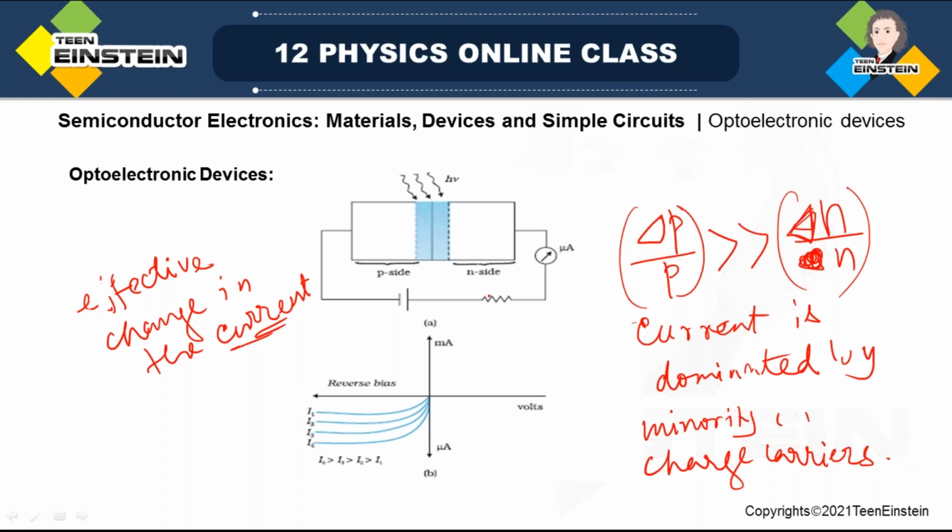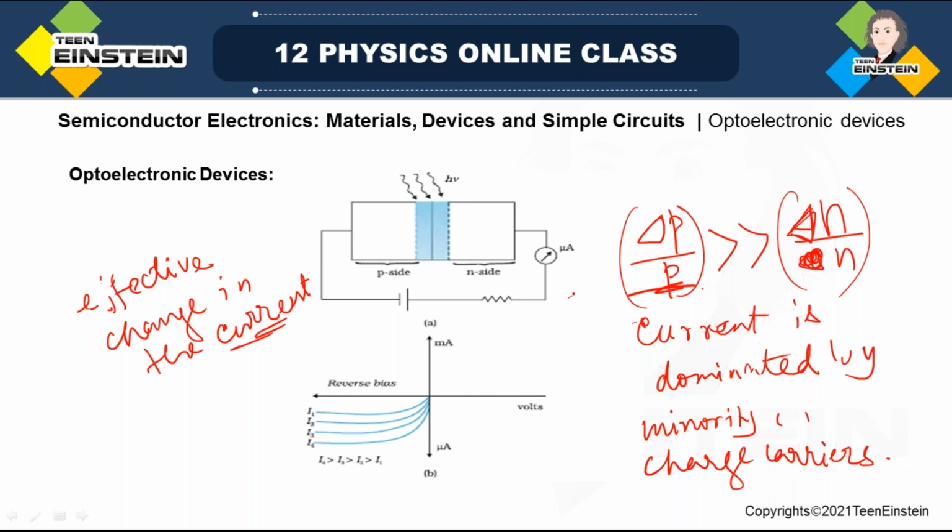So if we operate the photodiode in reverse bias condition, you will see a greater change in the current, which will be effectively measured. Because of that, photodiodes are used as detectors where you can detect various colors and intensities of light.